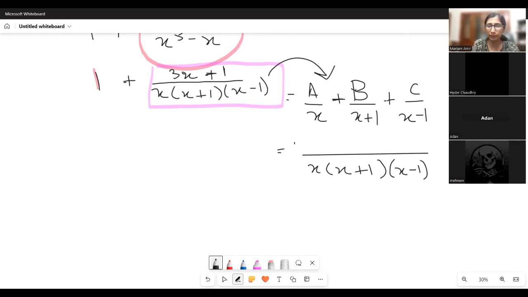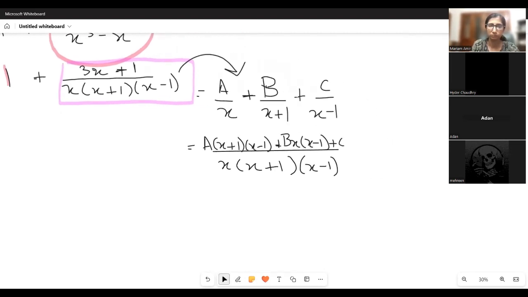In the numerator, a gets multiplied with x plus 1, x minus 1, plus b times x minus 1, plus c times x plus 1.